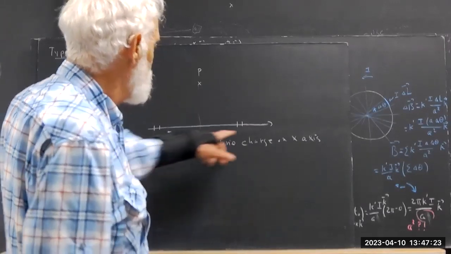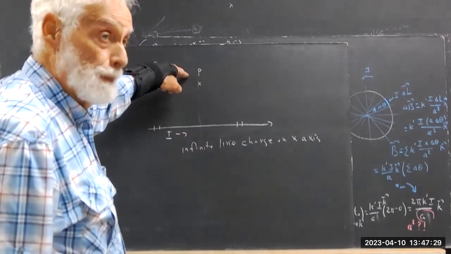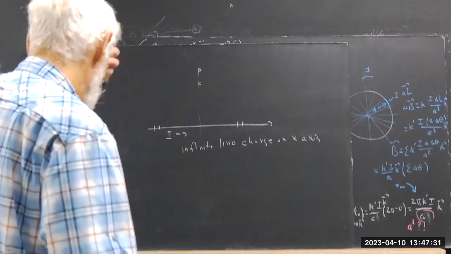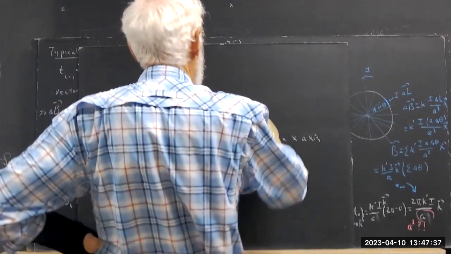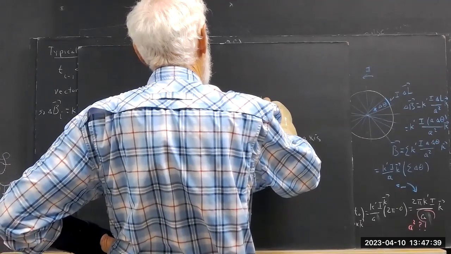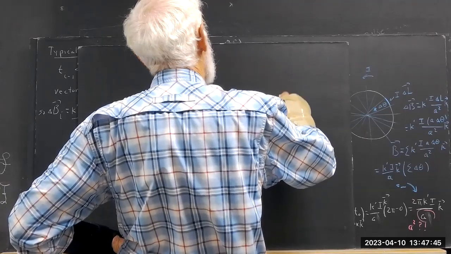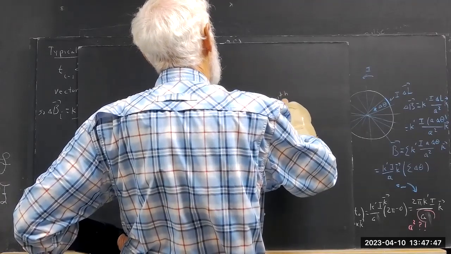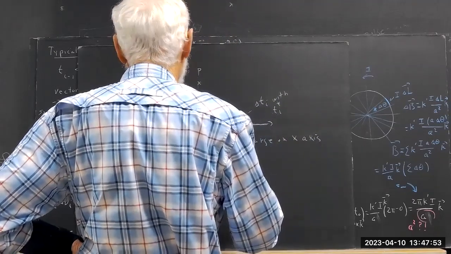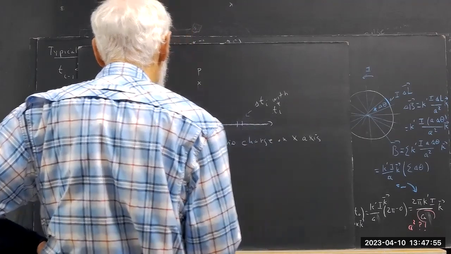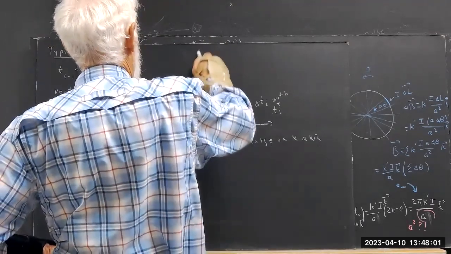And I'm going to choose these 2 increments so that they lie at equal distances from P. So this will be a delta t sub i, with t sub i star. Without loss of generality, I'm going to put P on the y-axis.